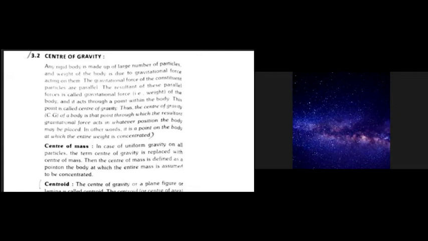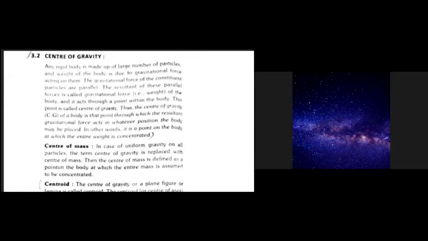All these gravitational forces act in the downward direction, and at the same time all are parallel to each other. If you find the resultant of all the parallel gravitational forces, that resultant gives the total weight of the body.